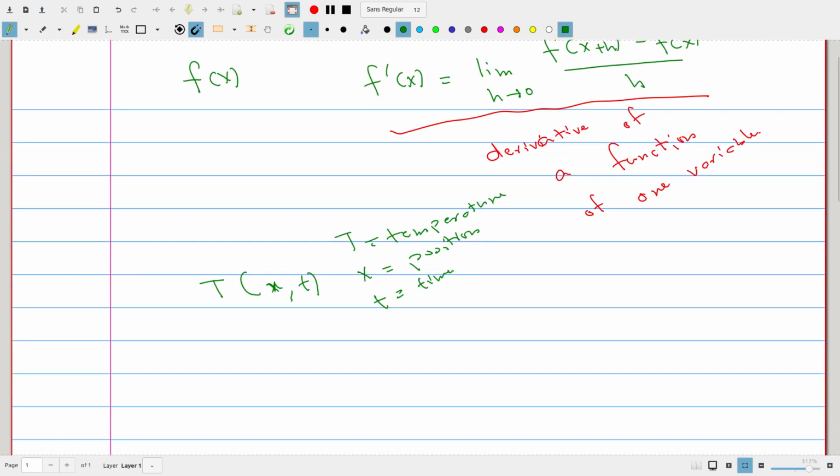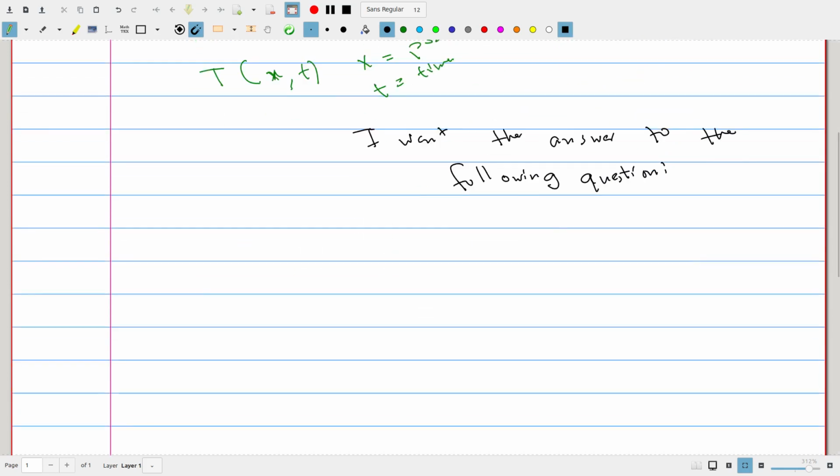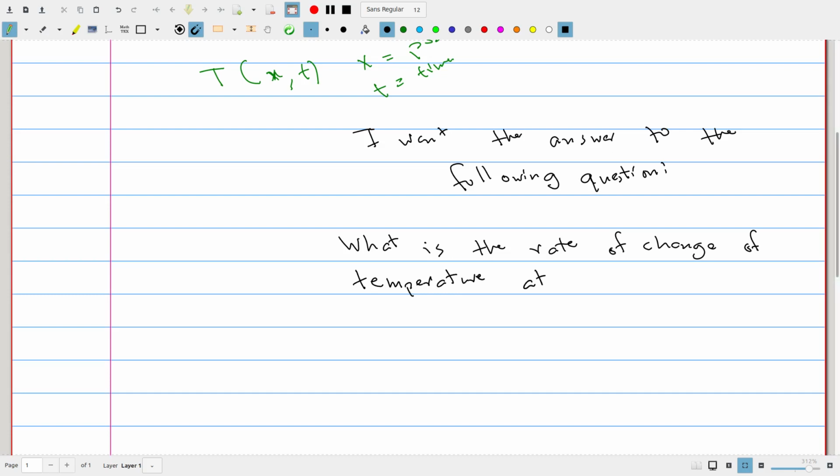I want the answer to the following question: what is the rate of change of temperature at x equals x0 when t is equal to t0?